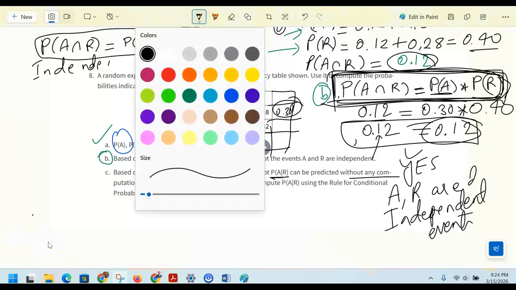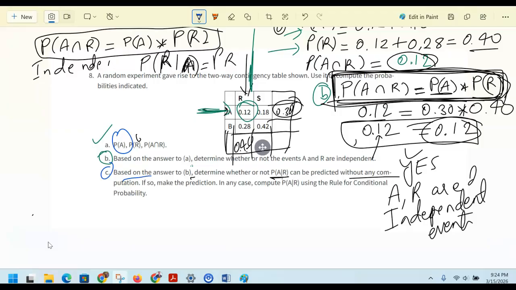Okay, the third question, number C, says based on answer B, that means we know that A and R are independent, can we determine, whether or not we can figure this out without doing any calculations? Now, P(A|R), so let's write this.